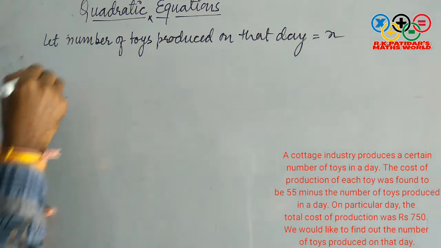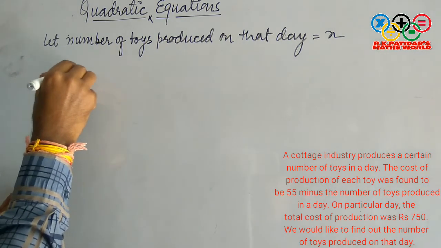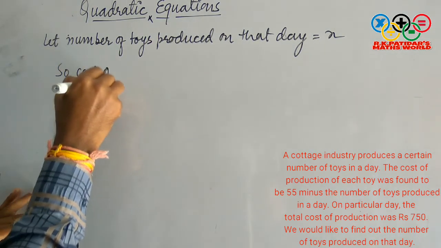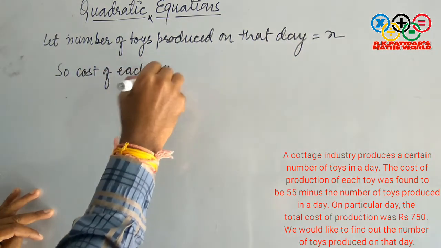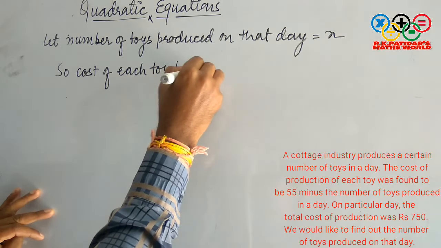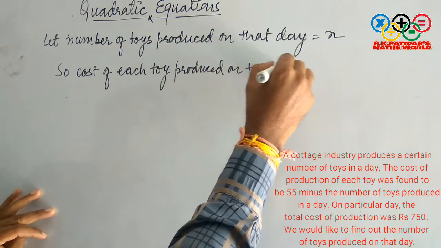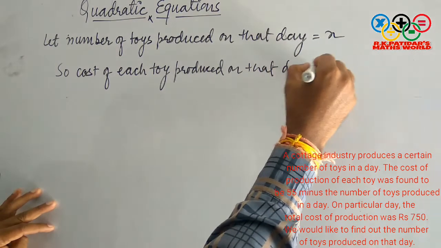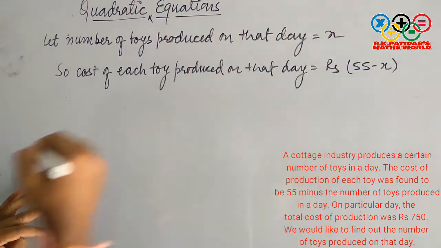According to the question, the cost of each toy is 55 minus the number of toys. So the cost of each toy produced on that day is rupees 55 minus x.